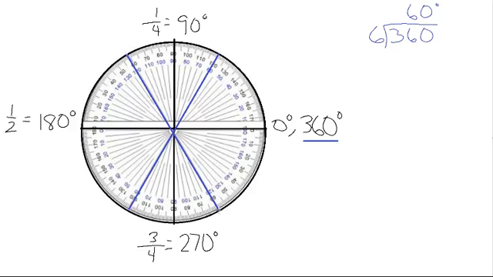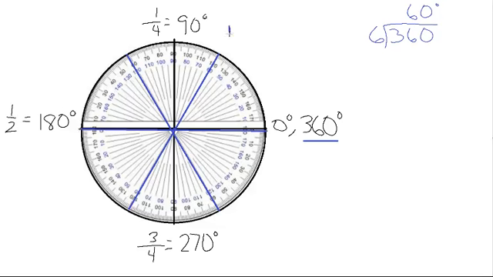And then we have 0. For some reason my 0 is a little bit off, so I'm going to go down further. Let's start right here where they intersect. That's 0.